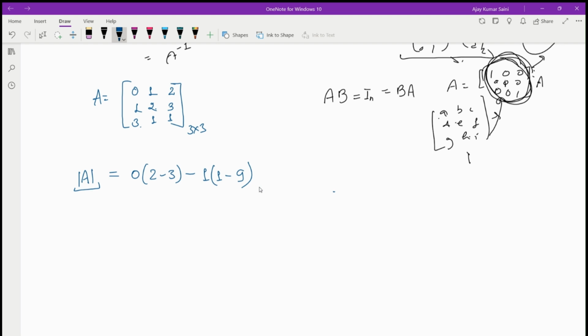So it is like that. Plus 2 into, we take now 2 and minus 6.